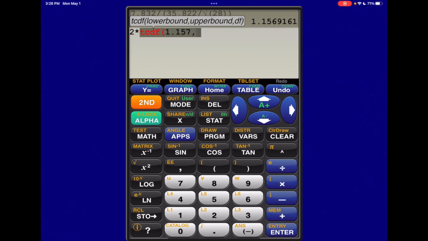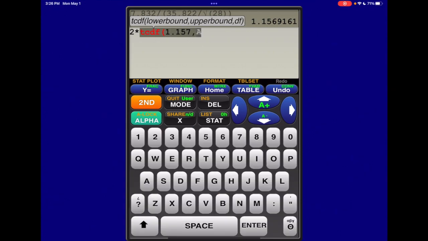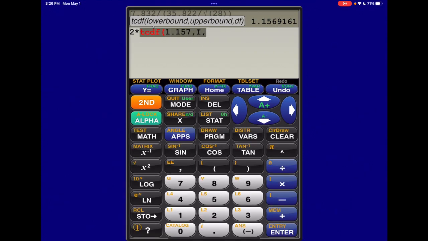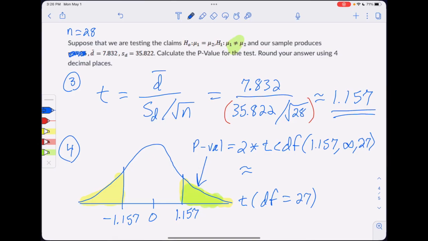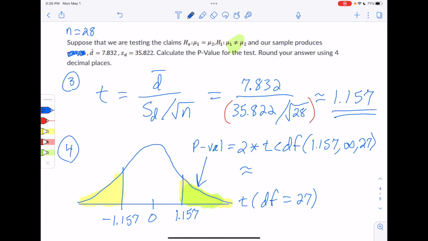Right boundary, there isn't one, so that means we're using infinity or alpha I. The number of degrees of freedom is 1 less than the sample size, so that would be 27. And I get 0.2574. So 0.2574 for our p-value. So there's the answer to the question, rounded to 4 decimal places.